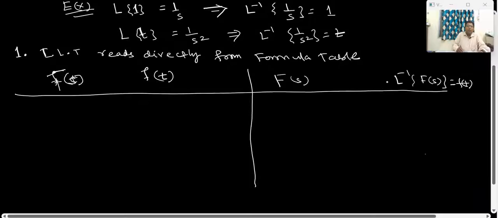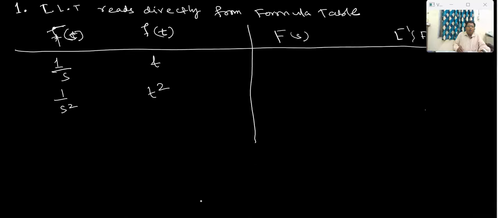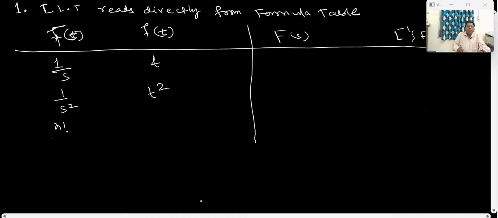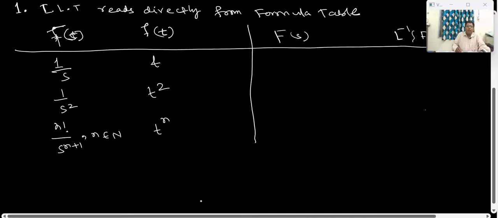Right, as you know, if it is 1 by s, then it is 1. If it is 1 by s square, then it is t. If it is factorial n by s to the power n plus 1, then it is t to the power n, where you know that n belongs to the positive integers including 0. If it is 1 by s minus a, then it is e to the power at.